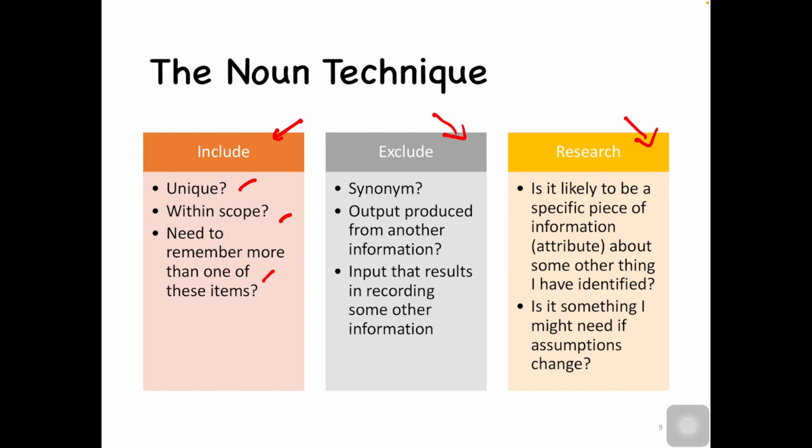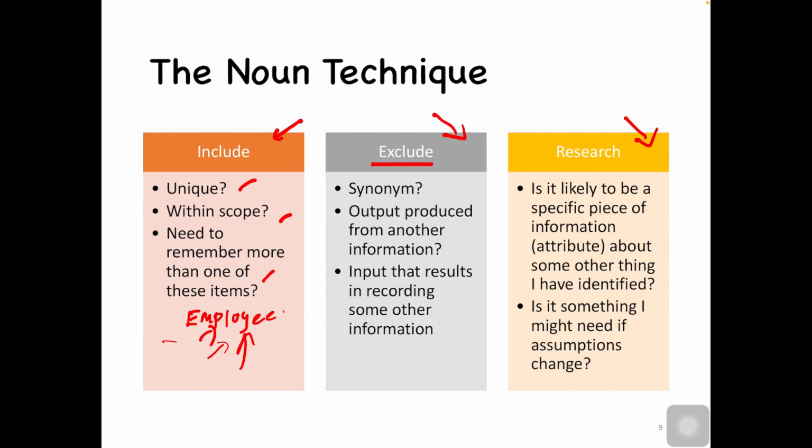For example, our noun is employee. So we need to identify: is this a unique noun within the scope, and do we need to remember the employee details? If yes, then we will include it in our domain class.